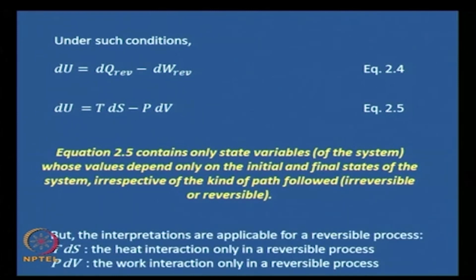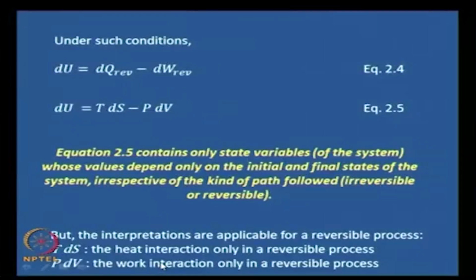Nevertheless, the interpretations of the various terms, TdS as the heat interaction and PdV as the work interaction, are applicable only for the reversible kind of process, because these are path functions.